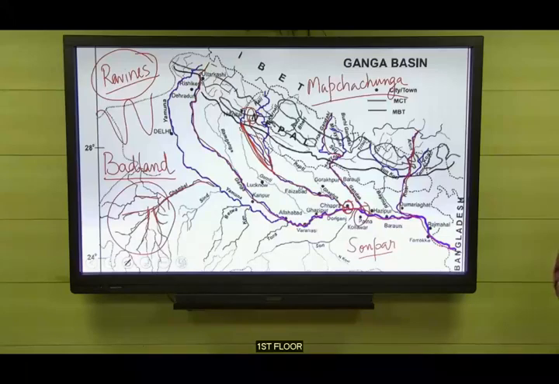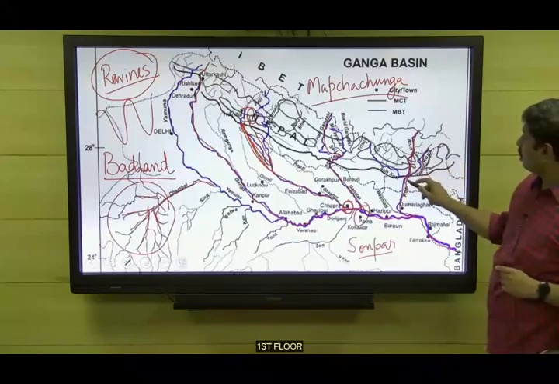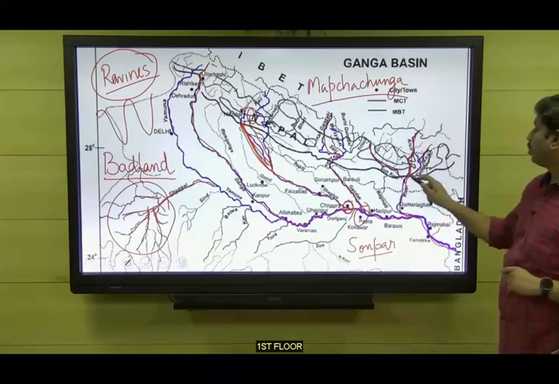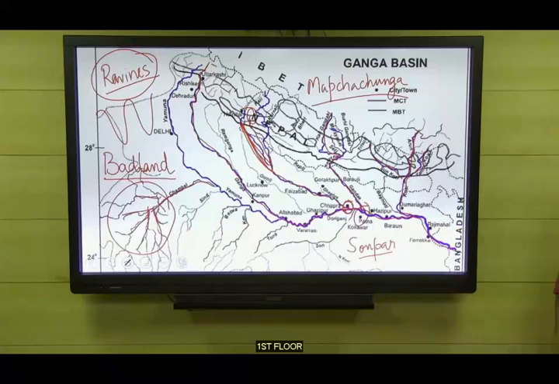The important tributaries of Kosi are Sun Kosi, Tamur Kosi. Tamur is coming from east, Sun Kosi is coming from west. They all join to form the Kosi river.